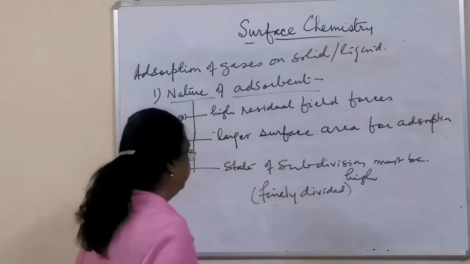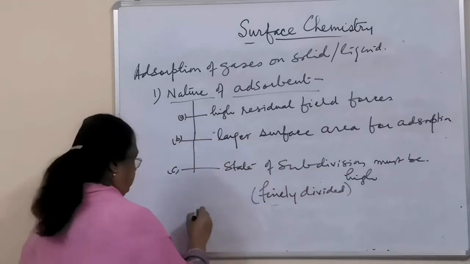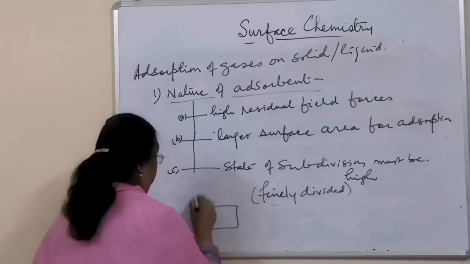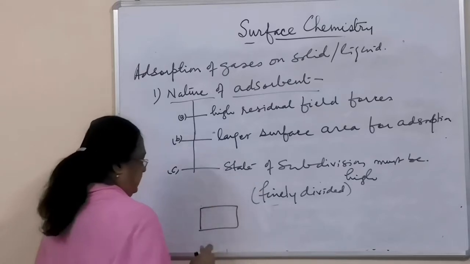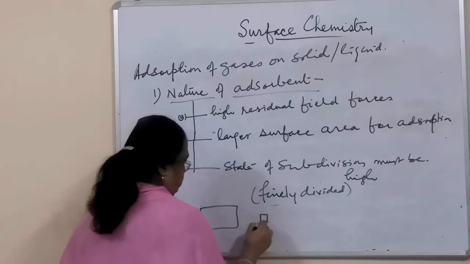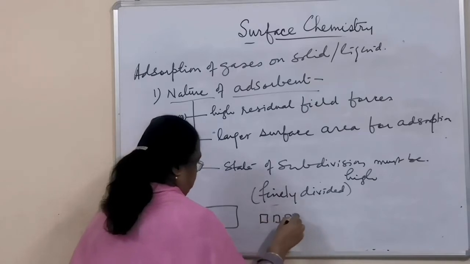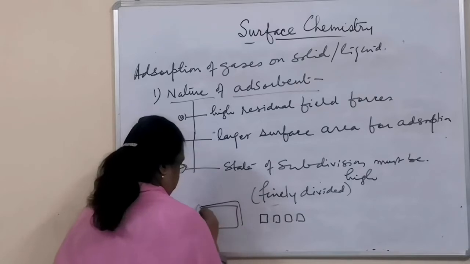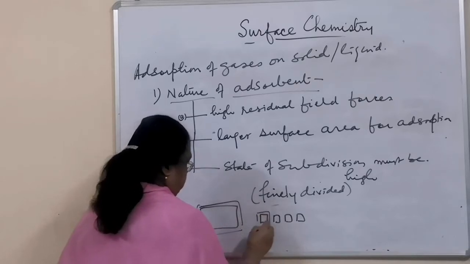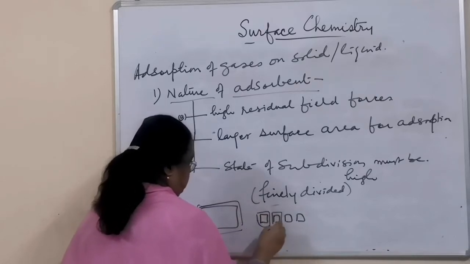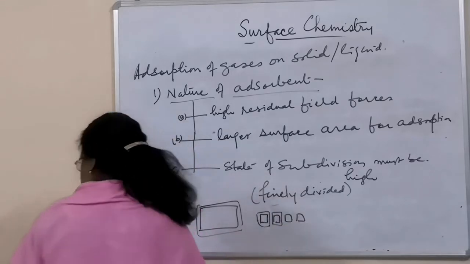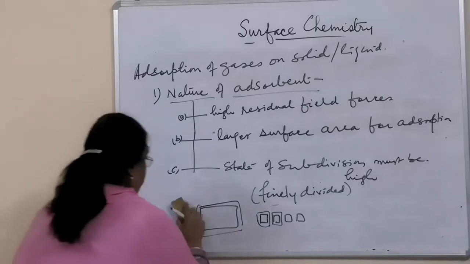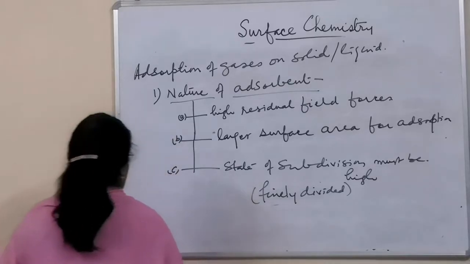If you take this big piece of adsorbent and then crush the same piece into smaller pieces, the surface area is only this much here. And here this is the surface area, this is the surface area, all around the surface area has increased. So that is finely divided substances.